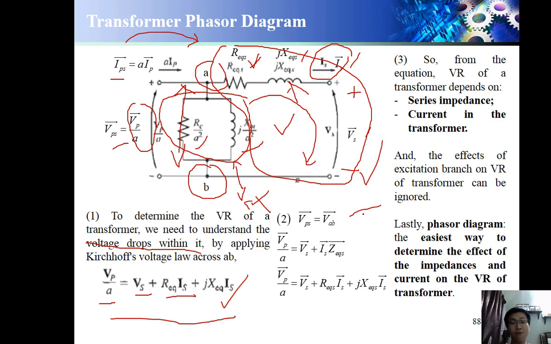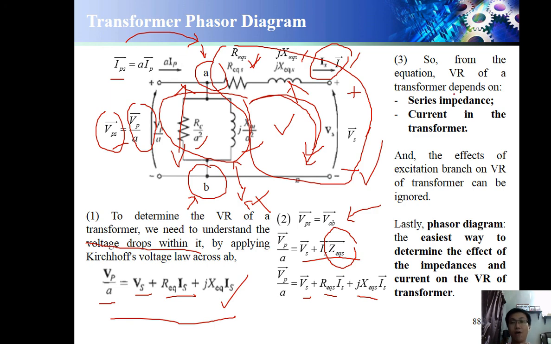Remember, VP over a, which is here at terminals A and B, is actually my VAB. So I substitute: VP over a equals VS plus IS Z equivalent S. And Z equivalent S is VS plus R equivalent S times IS plus jX equivalent S times IS. So this is the second step of the Kirchhoff's law.